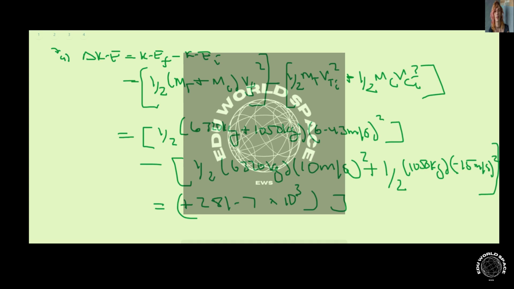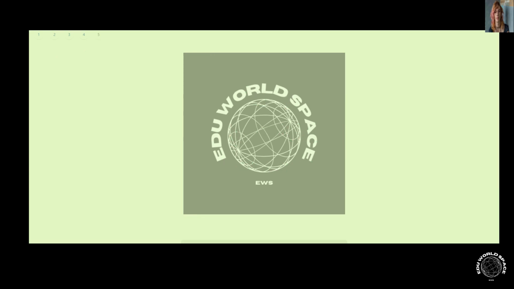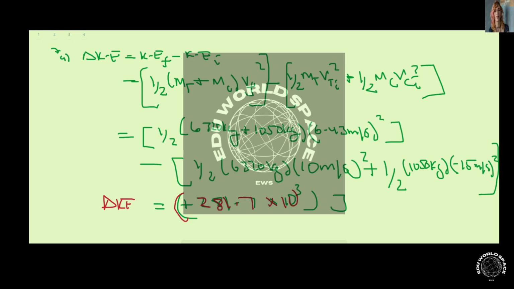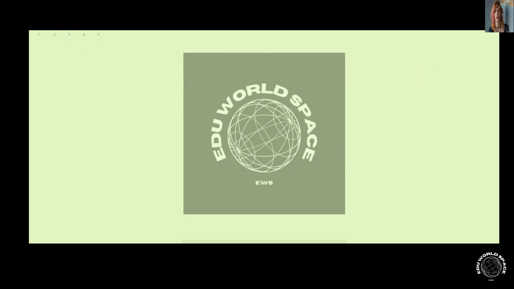They're asking us to find the change in kinetic energy of the system in both situations. So this is the change in kinetic energy for the first part, 281.7 times 10 to the 3 joules. For the second part, we have to get the change in kinetic energy.